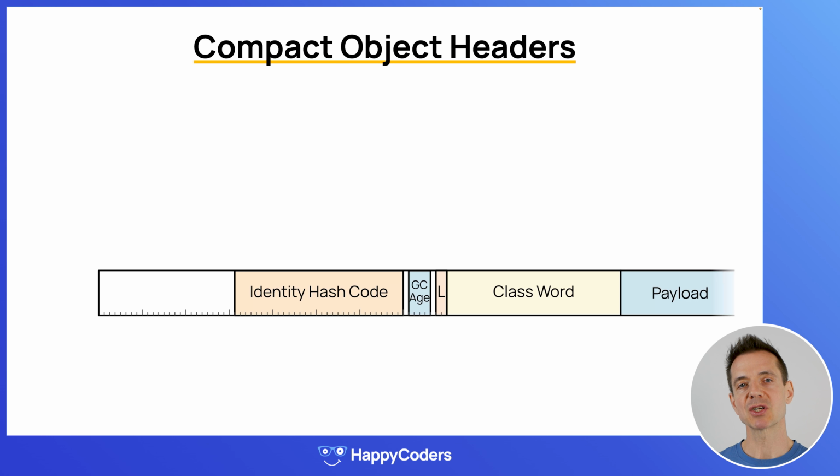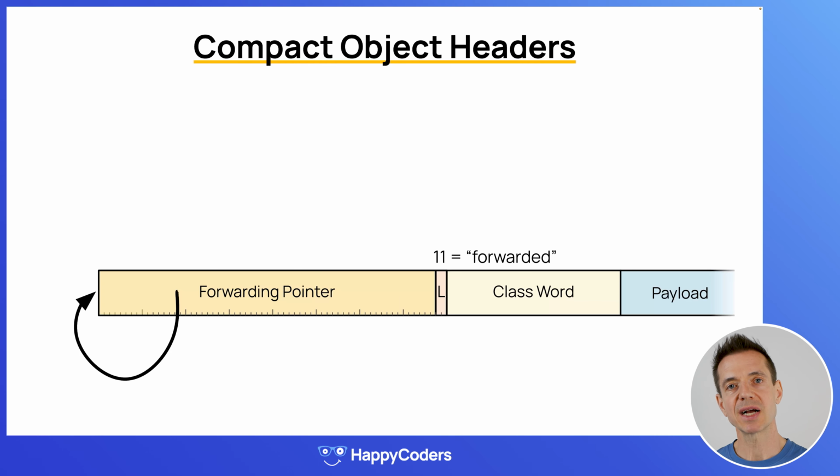Sometimes, during garbage collection, a compaction failure occurs, meaning there isn't enough memory to copy an object to a new location. In that case, the garbage collector overwrites the mark word with a pointer to the object itself.